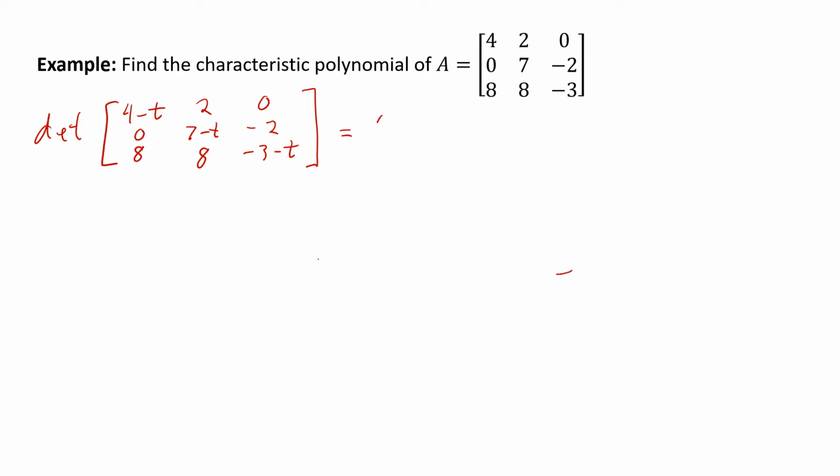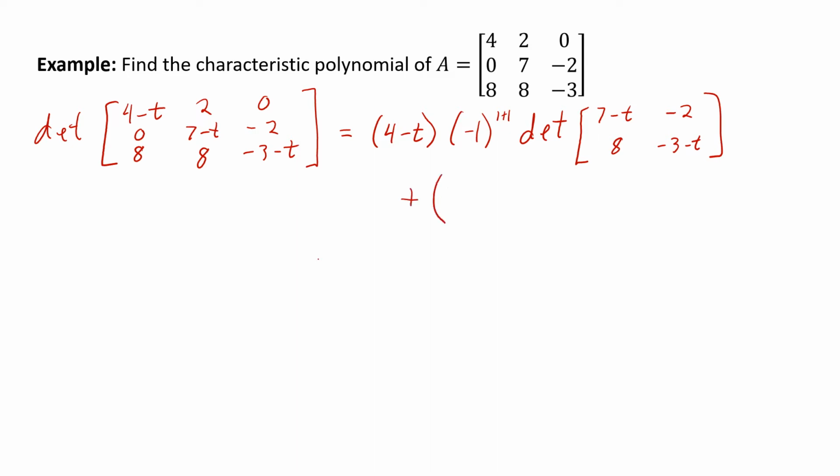So that's equal to, going across the first row, 4 minus t times negative 1 to the 1 plus 1 times the determinant of that, plus 2 times negative 1 to the 1 plus 2 times the determinant of 0, 8, negative 2, negative 3 minus t. And then the third term is 0, so we don't need that.